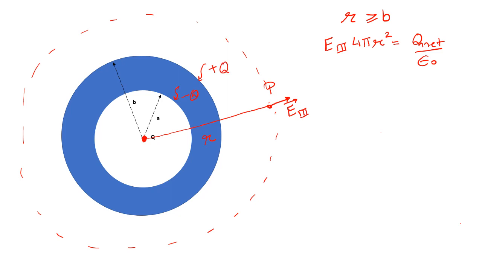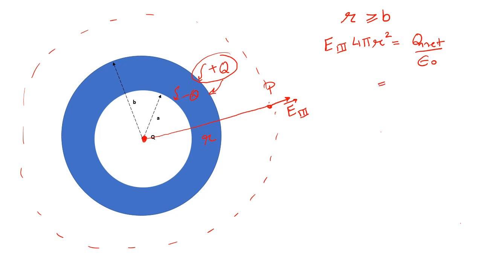When you have conductors present and you go to the outermost region, the net charge is always going to be the charge which is present on the outside surface.